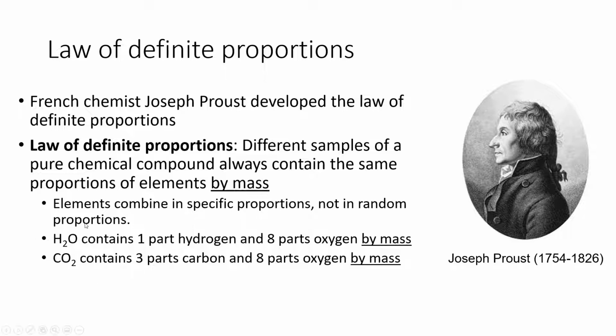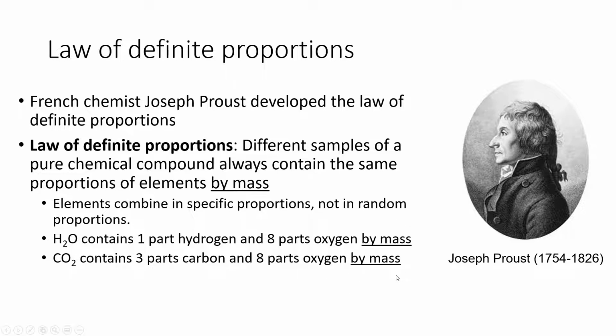For example, if we take a look at water, H2O, we have 2 hydrogen atoms and 1 oxygen atom. If we take a look at the mass constituents of the two, there's always 1 part hydrogen by mass for 8 parts of oxygen by mass. Carbon dioxide, where we have 1 carbon and 2 oxygens, contains 3 parts carbon to 8 parts oxygen by mass.